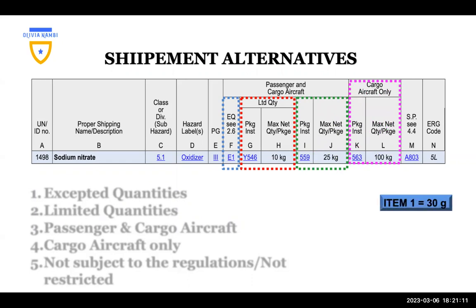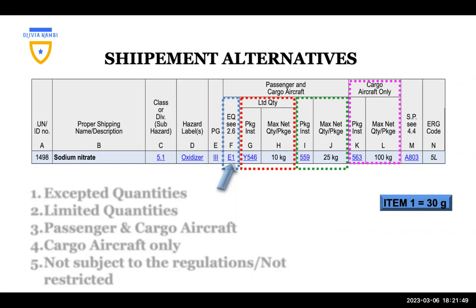So we had item 1 of 30 grams, and that one can be shipped under the provisions of accepted quantities. Remember, when we have a code in column F, we have to go to the DGR table 2.6.A for us to know the limit in regards to the maximum permitted quantity for inner packagings and maximum permitted quantity per outer packaging.